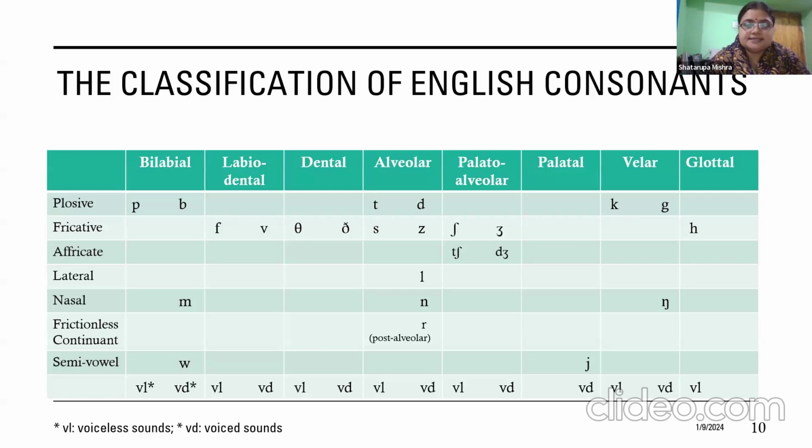It is voiceless. And how can you test whether a sound is voiced or voiceless? When you pronounce it, just place your fingers on your throat here like this. And when the sound is voiceless, you will not feel any vibration. And when the sound is voiced, you will feel a vibration here. So there is no vibration. Okay.